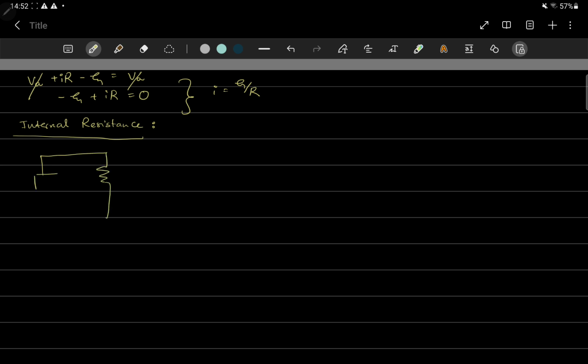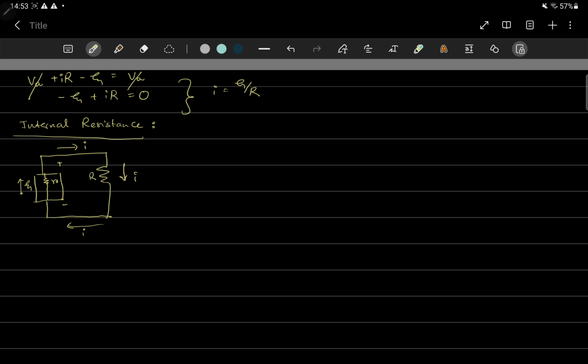But now this battery has an internal resistance, তার মানে ভিতরে একটা resistor আমি add করতেছি. So let's say this is the positive end of the battery, this is the negative end of the battery, and there exists an internal resistance, and EMF will be in the direction of the current. So the current is flowing from the positive end like this, right? But there exists an internal resistance, which I define as small r.